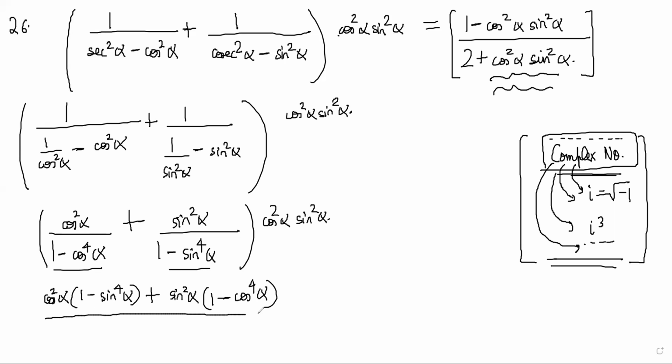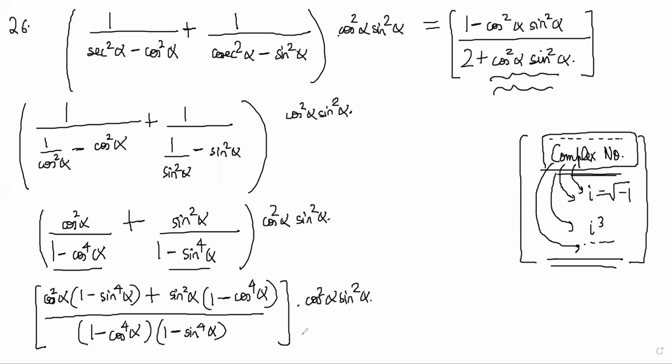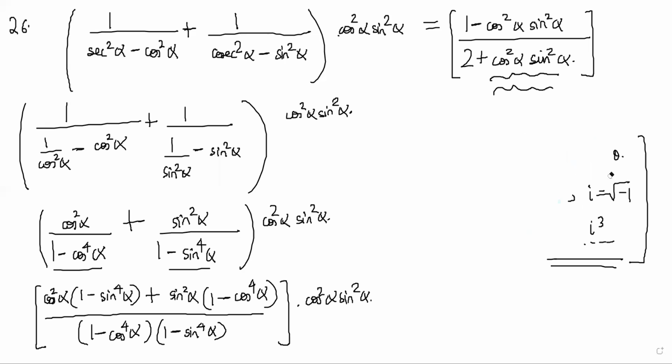And in the denominator, what are my factors? 1 minus cos 4 alpha and 1 minus sine 4 alpha, right? Correct. And on the multiplication, we have cos square alpha sin square alpha. Right? No? Hello?